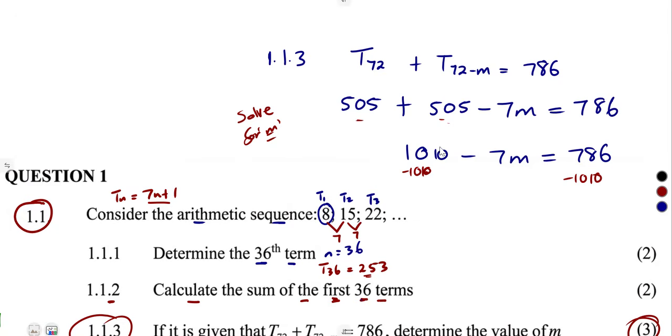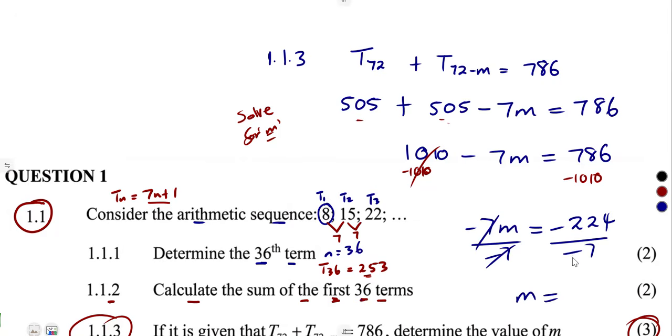All right, so that is going to give us minus 7m is equal to 786 minus 1010, which gives us negative 224. So divide by negative 7 on both sides.